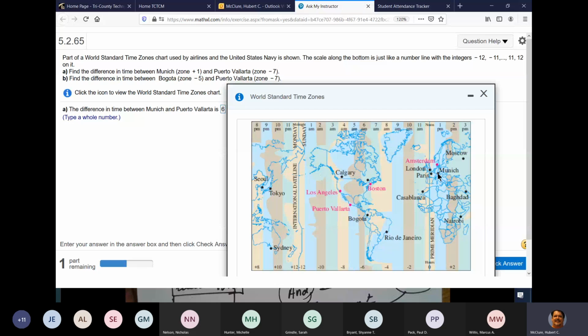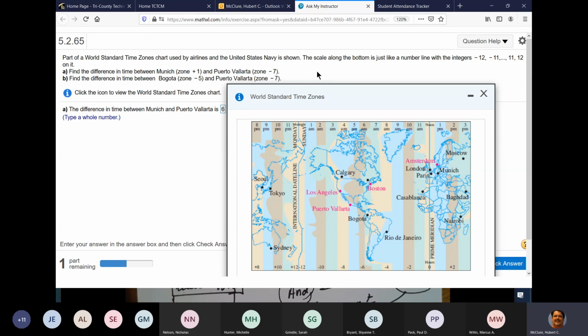Now let me read the question again. Find the difference in time. Time cannot be negative either, so you've got to have a positive answer. So in this case, what is the difference between a +1 and a -7?